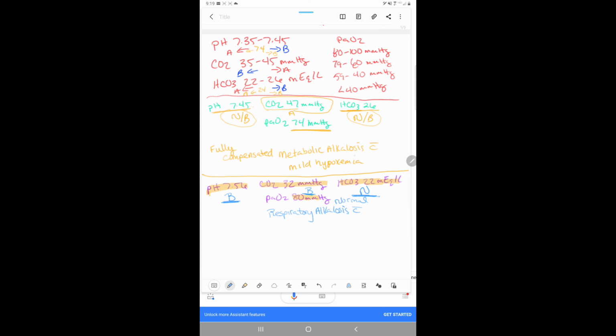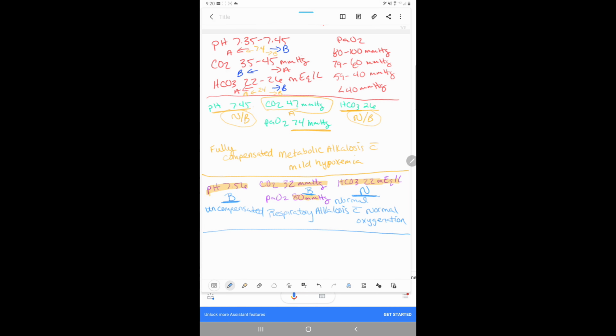So that means that we have an uncompensated respiratory alkalosis with, and then we said our oxygenation was normal. So we'll put with normal oxygenation. Okay? And that's all that one is. So this patient is uncompensated respiratory alkalosis with normal oxygenation.